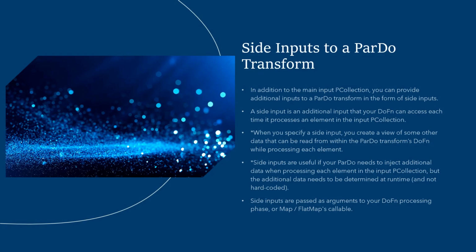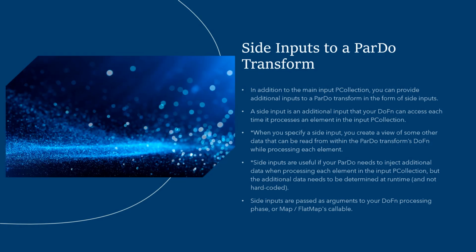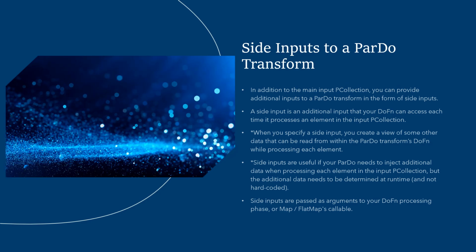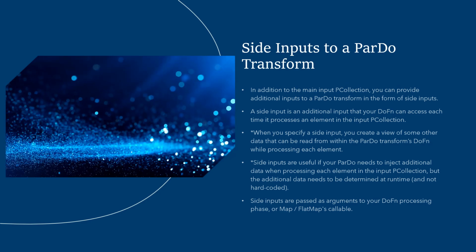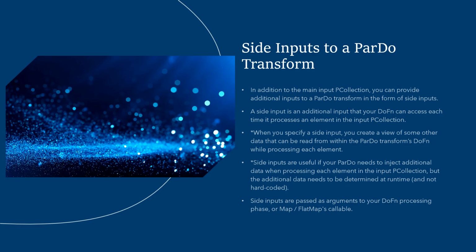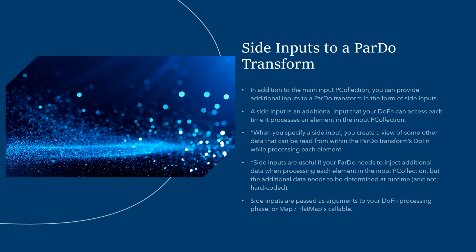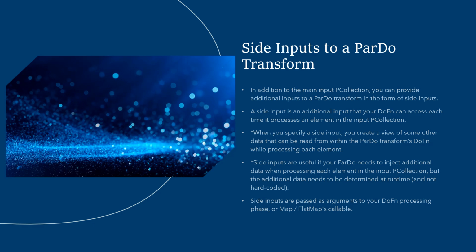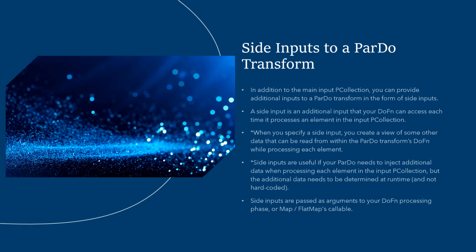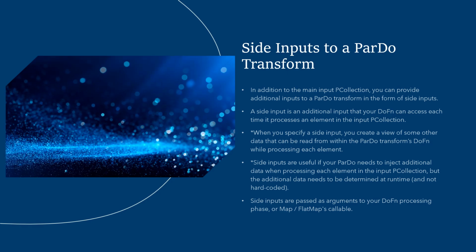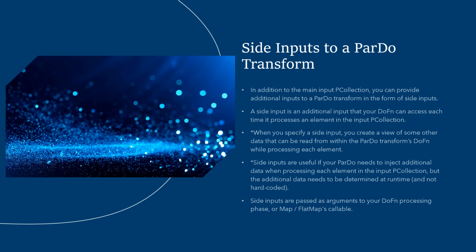In addition to the main input PCollection, you can provide additional inputs to a ParDo transform in the form of side inputs. A side input is an additional input that your DoFn can access each time it processes an element in the input PCollection. When you specify a side input, you create a view of some other data that can be read from within the ParDo transform's DoFn while processing each element.